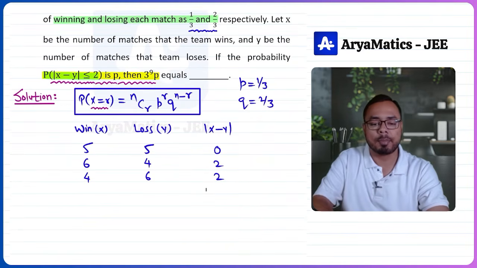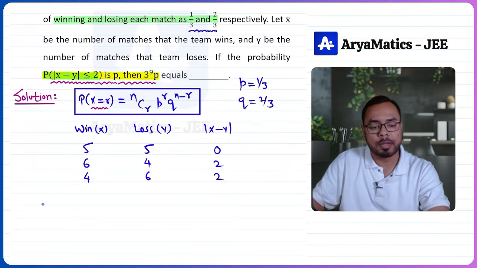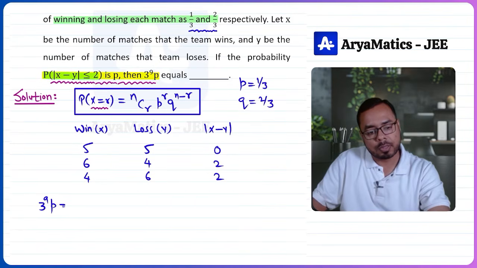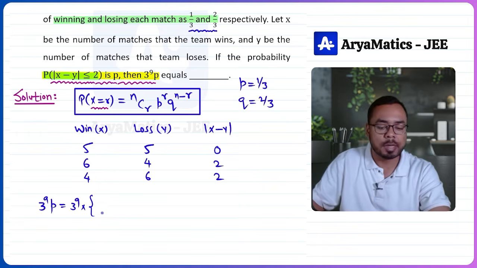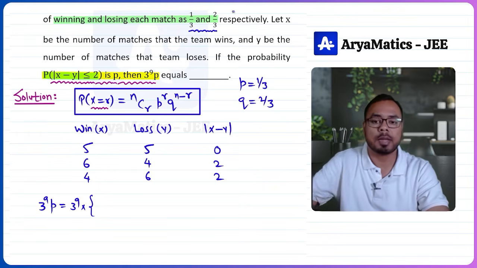And now we have to find the probability of this. P is the probability of this, so then we have to find 3 raised to 9 into P. So this will be 3 raised to 9, and P is nothing but the probability of these different cases. First one is 5 wins, that means the remaining 5 losses, right?